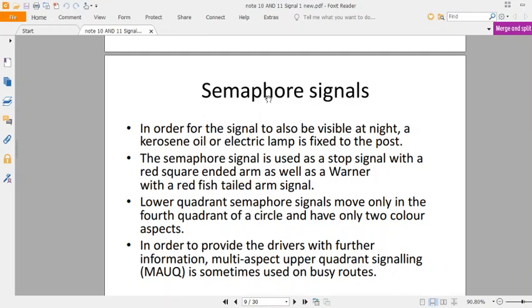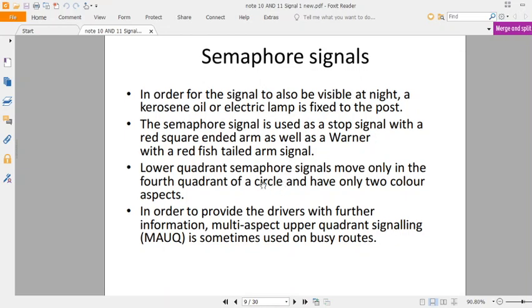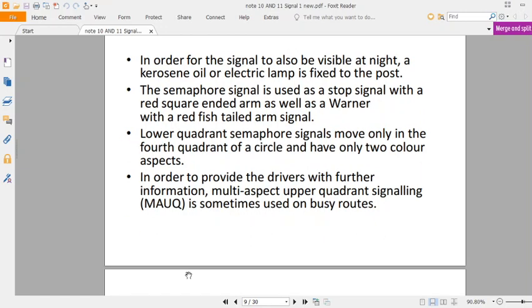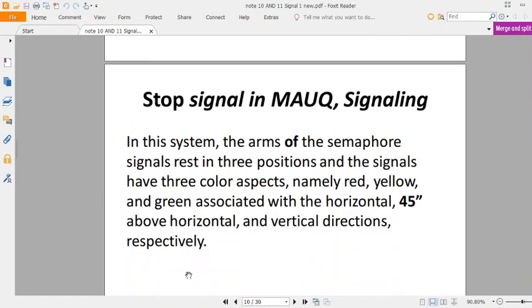In order to provide the driver with further information, multi-aspect upper quadrant signaling or Mach signaling is sometimes used on busy routes. In this system, the arms of the semaphore signal rest in three positions and the signals have three color aspects, namely red, yellow and green, associated with the horizontal, 45 degrees above the horizontal, and vertical direction respectively.